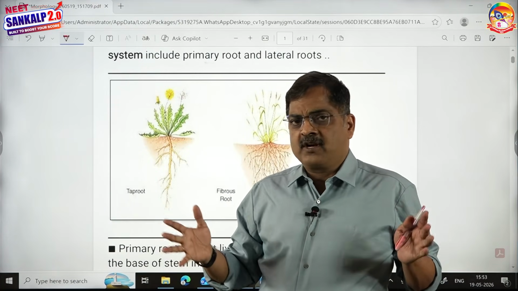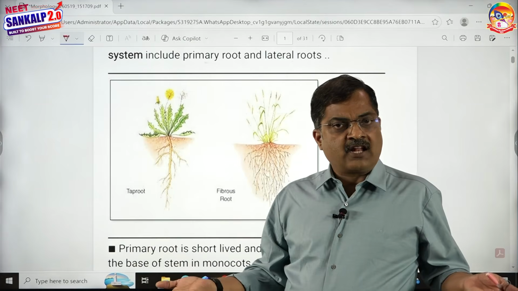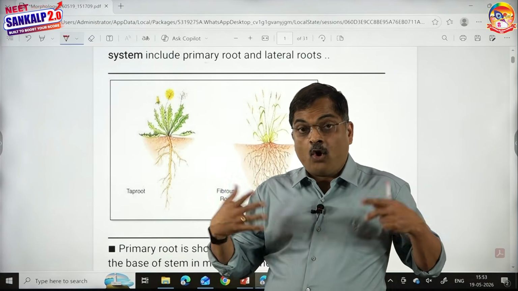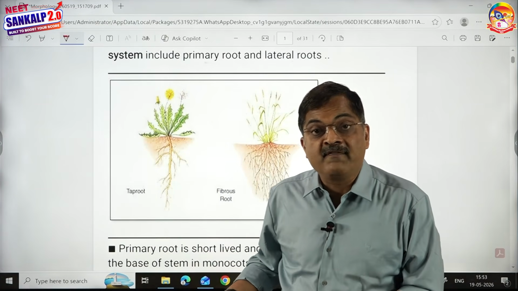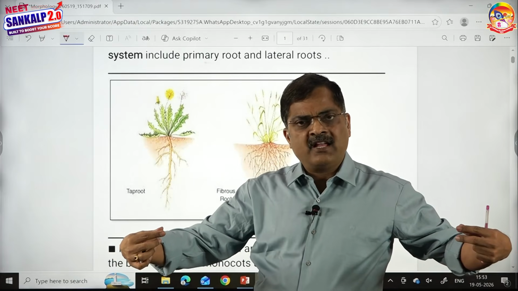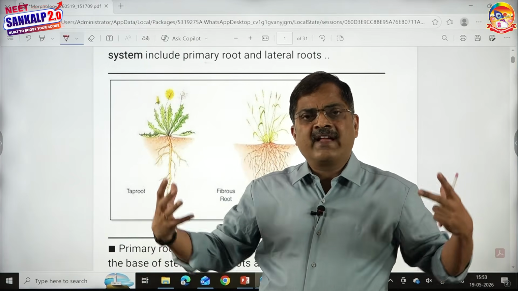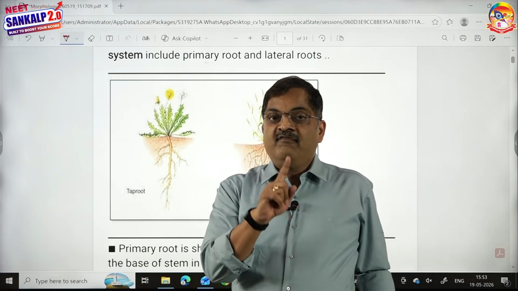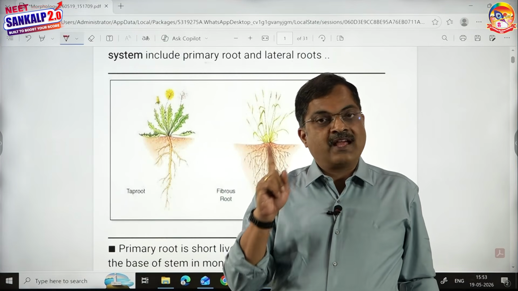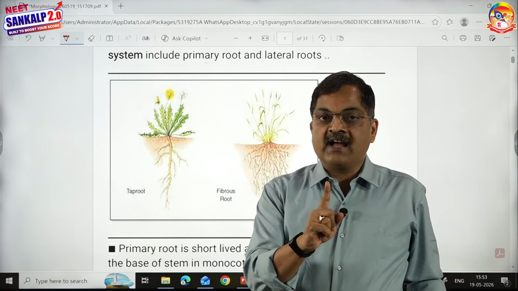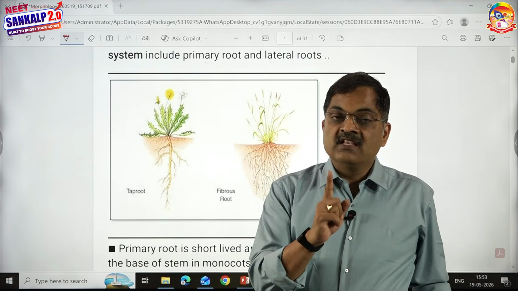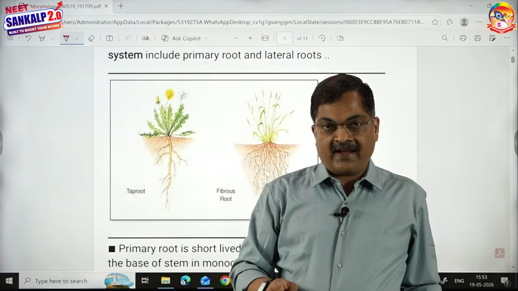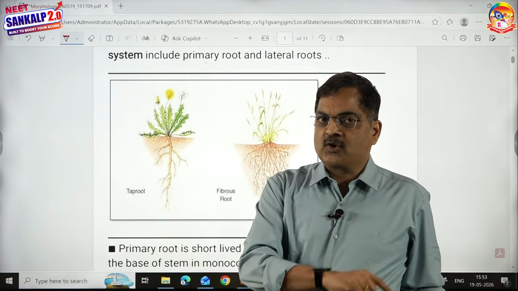So all fibrous roots are adventitious because they are not arising from primary root, but all adventitious roots need not be fibrous. Look at prop roots of banyan, they are not fibrous. Look at stilt roots of maize, they are not fibrous. Now you got a doubt. I call adventitious root as fibrous only when it arises from the base of the stem. Such adventitious roots are called fibrous roots.